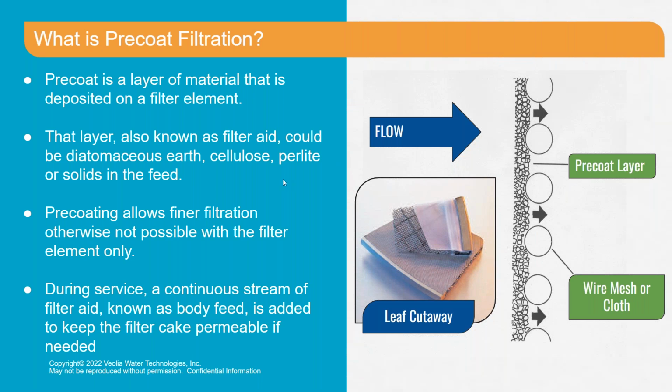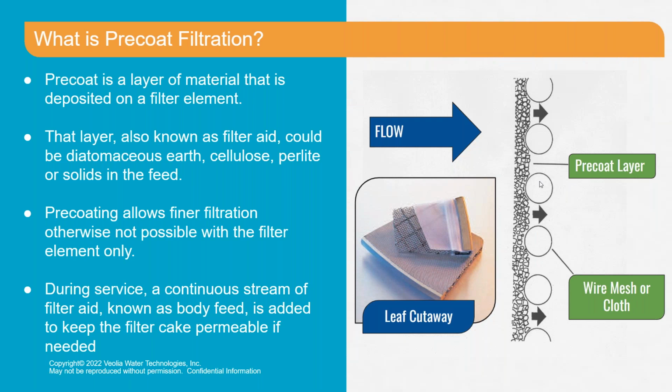This layer, also known as filter aid, can be diatomaceous earth, cellulose, perlite, or even solids in the field. You can see here, this is the filter element, and this is the Precoat layer. The pre-coating, as you see, can allow for a finer filtration that would otherwise not be possible with just the filter element.